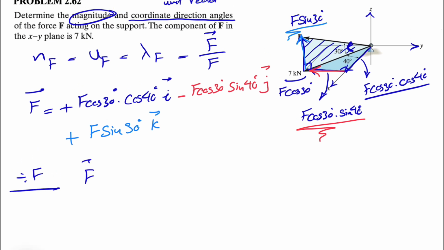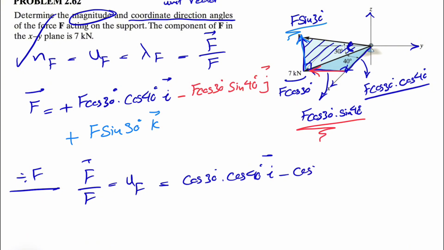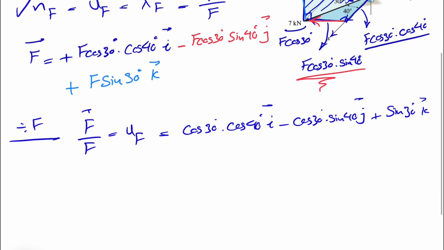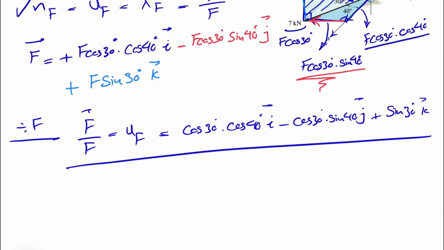What we get on the left side is F over F, which is what we were looking for at the beginning, our unit vector for F. We can cancel out all the F's in i, j, k, so we end up with cosine of 30 degrees times cosine of 40 degrees i, minus cosine of 30 degrees sine of 40 degrees j, and plus sine of 30 degrees k. That's the part we need to find the coordinate direction angles.